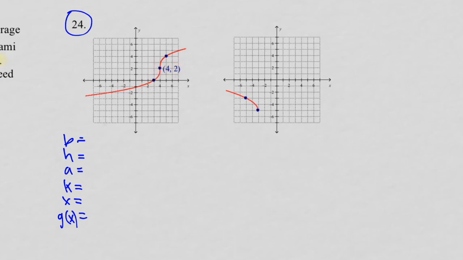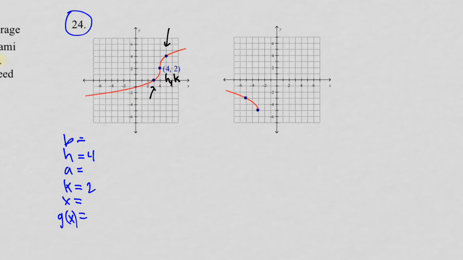This point right here is your most important point. That's your h and k. So h is 4, k is 2. This point is h, k. You pick another point, and that other point is your x and g of x. You can choose this one or this one.